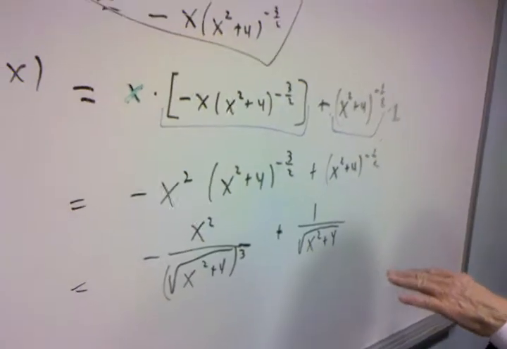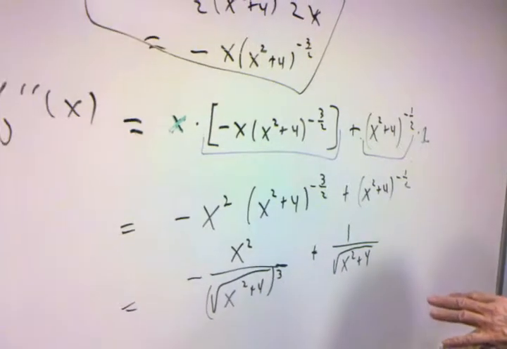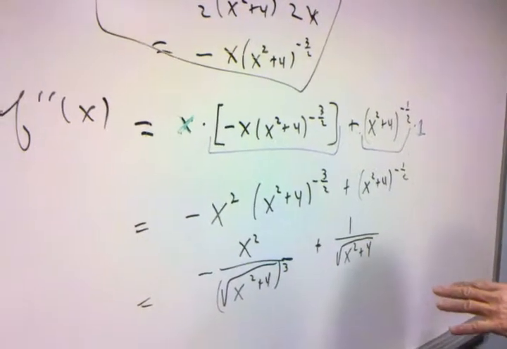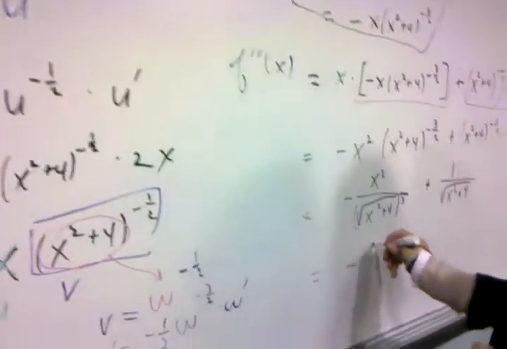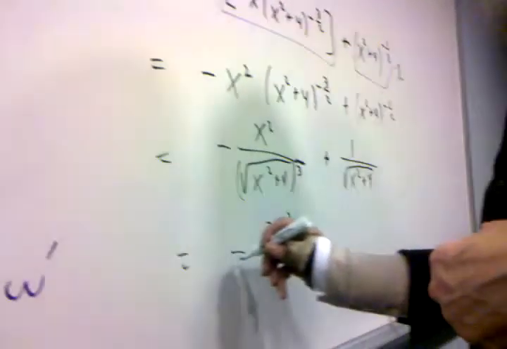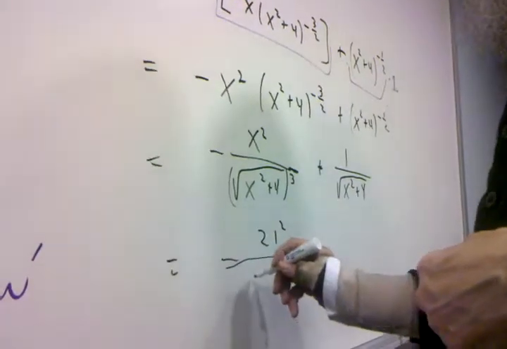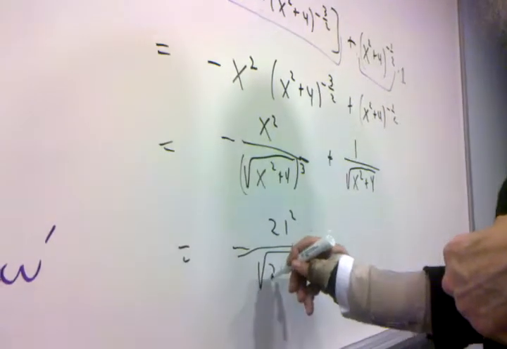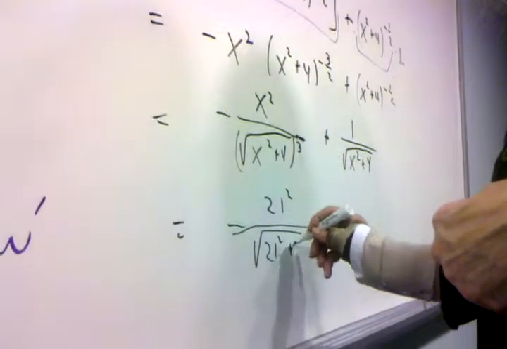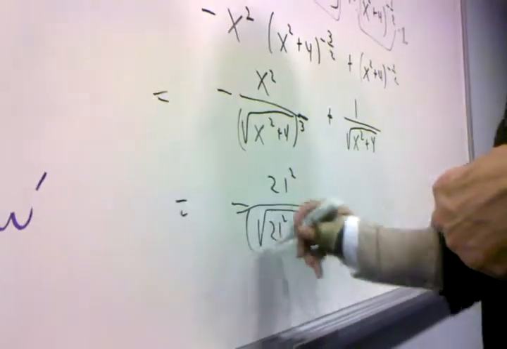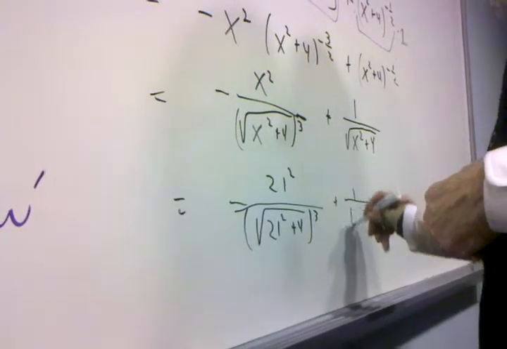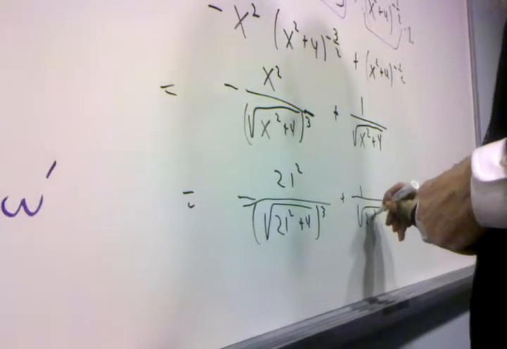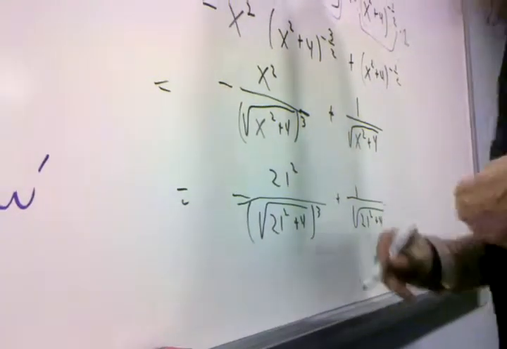This is the actual derivative, and we're through taking the derivative. The next step is to put in 21 for x. So we put in 21 for x, we get negative 21 squared over the square root of 21 squared plus 4, all that cubed, plus 1 over the square root of 21 squared plus 4.